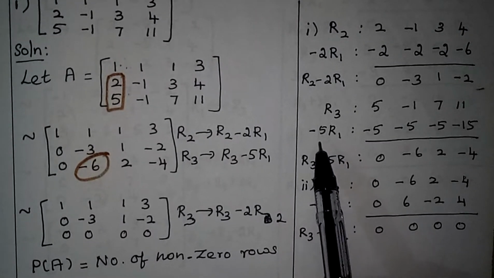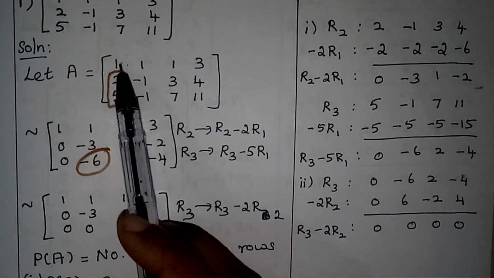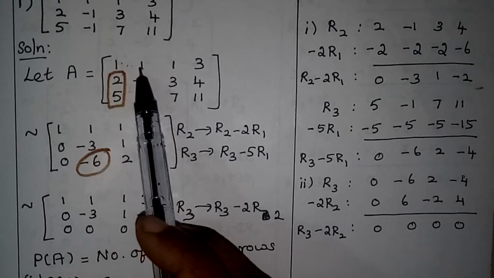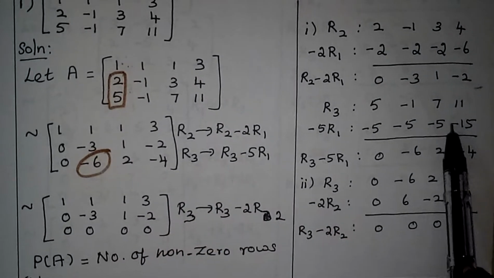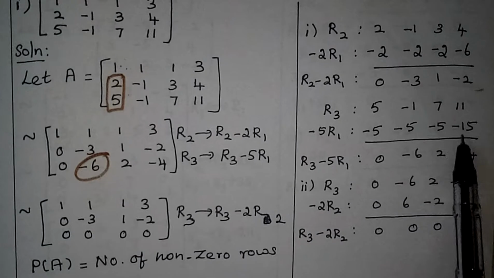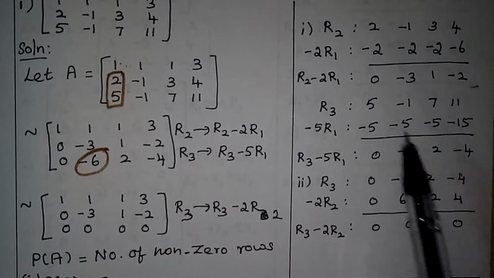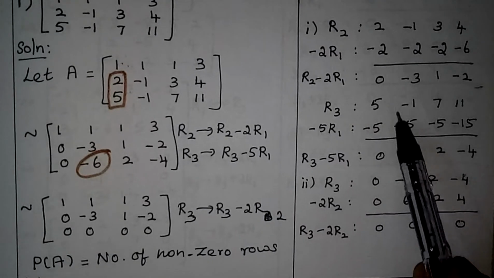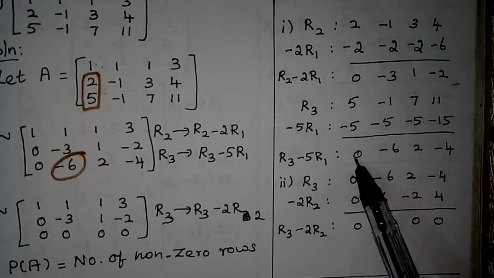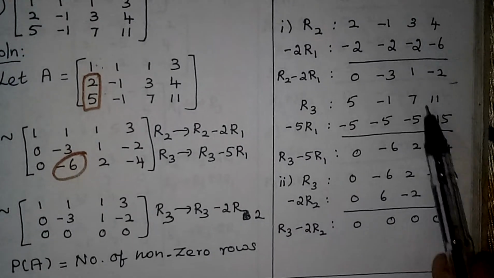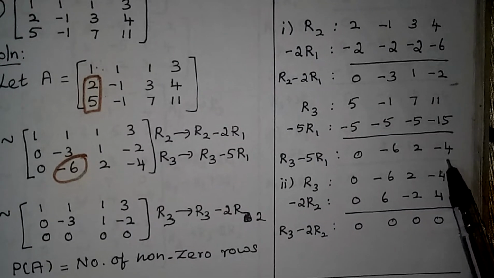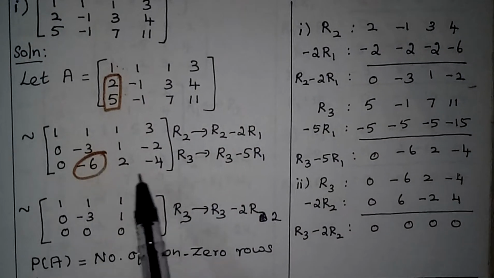So you multiply R1 by minus 5. So minus 5, minus 5, minus 5, minus 15. So write it here. Okay. Now we can add both. When you add both, what you'll get here, it is 0. Here minus 6, here 2, here minus 4. That you have to write along the third row.